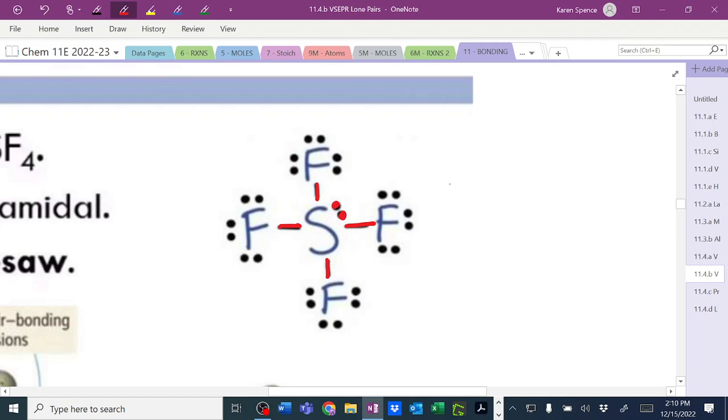So what's its electron geometry? Trigonal bipyramidal.